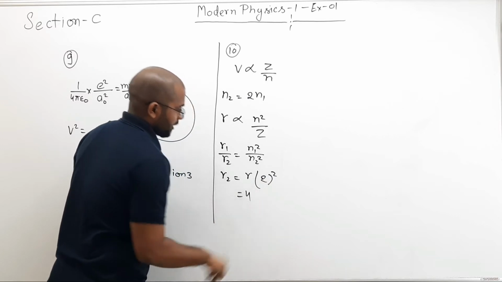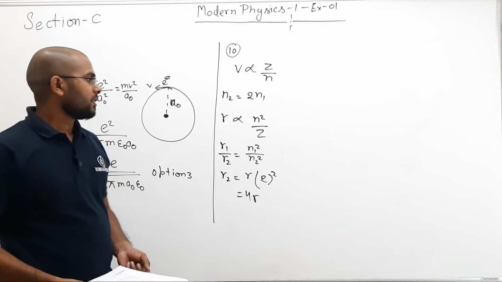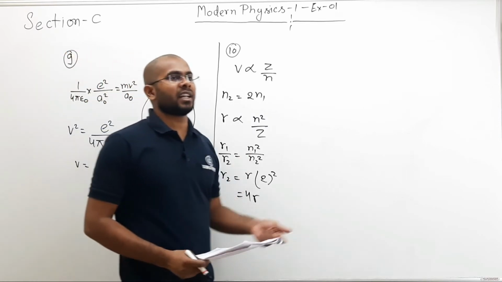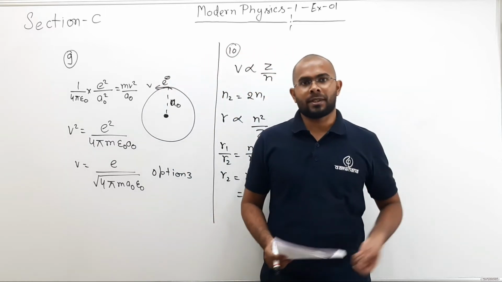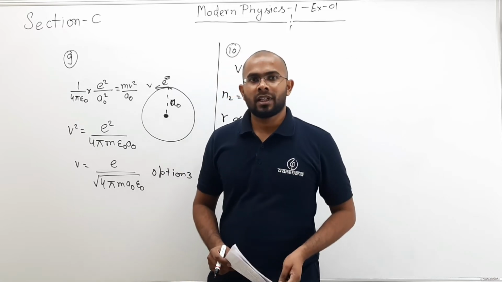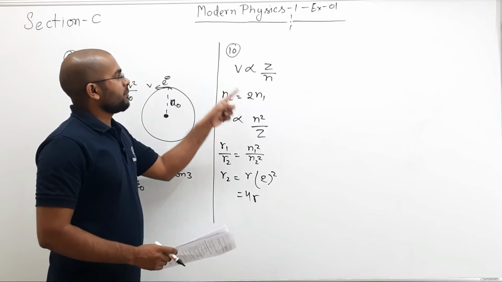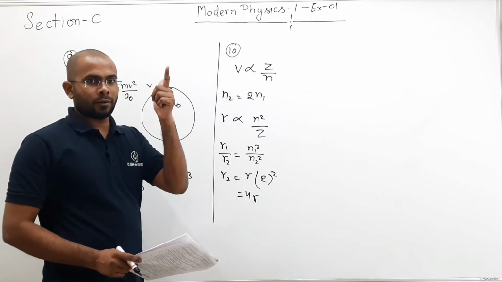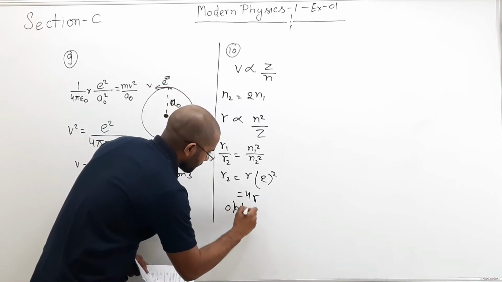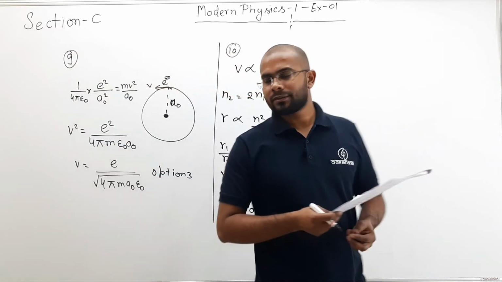So r2 will be 4 times r. So if the initial radius was r, the final radius will become 4r, because if initially you are in the second orbit, finally you are in the fourth orbit. If initially you are in the third orbit, finally you are in the sixth orbit. Initially first, finally second. So if your speed becomes half, then the radius becomes 4 times. So your option number 2 is the correct choice. You can note it down if you want.